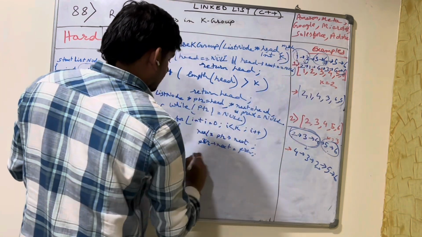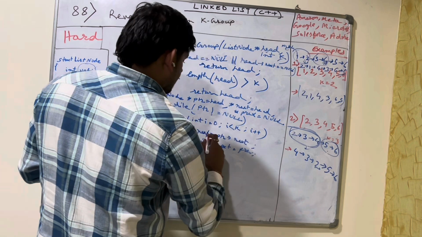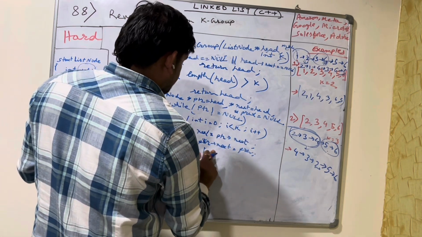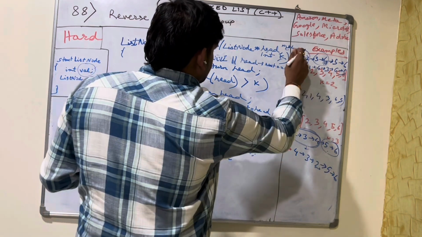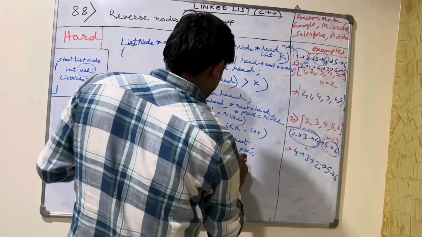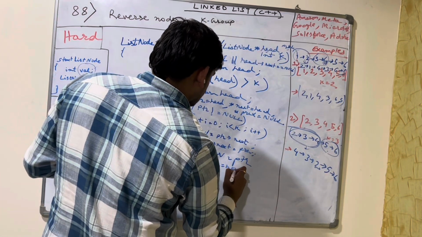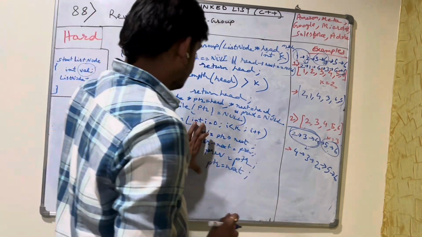This got assigned to null. Then next is equal to ptr next, ptr next is equal to previous, previous equal to ptr. So once this is moved to null, we move our previous to ptr, and ptr we will move to next. So this is our reversing logic.